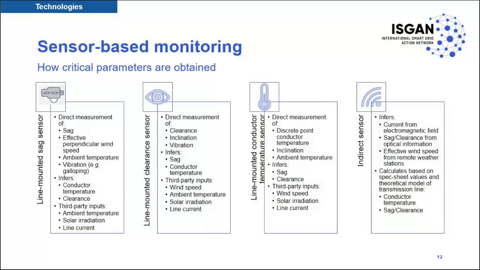Another method is a line-mounted clearance sensor. So instead of measuring sag, you measure clearance. As compared with the first one, you also need to collect the effective wind from a third-party input.